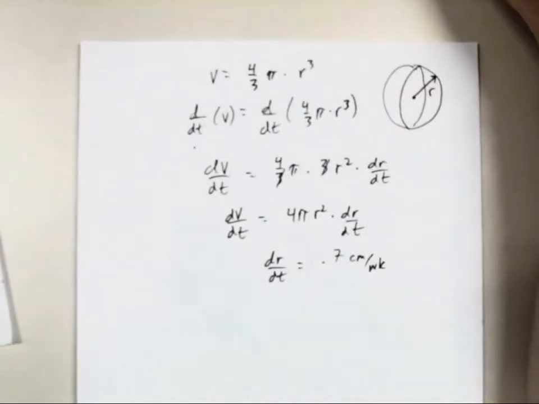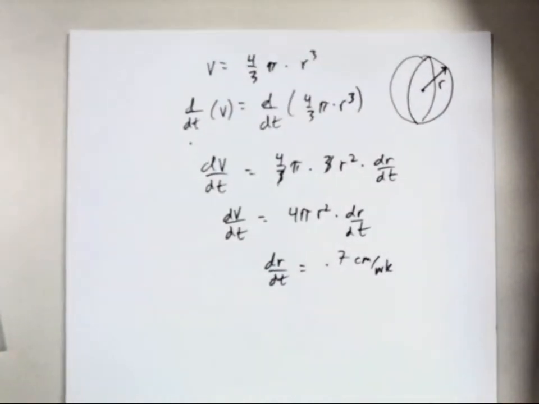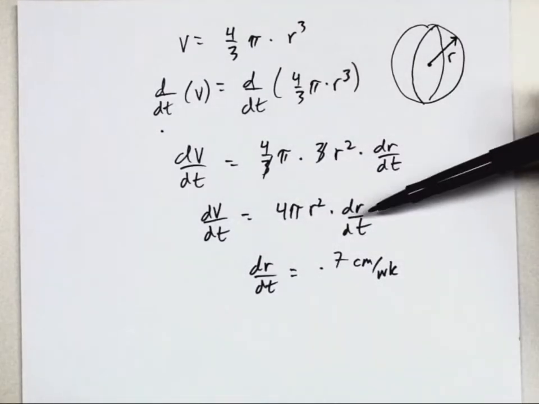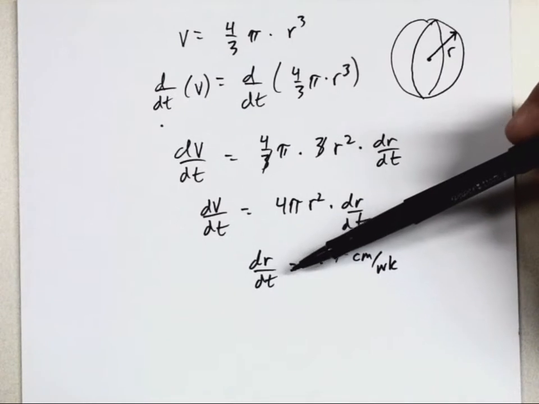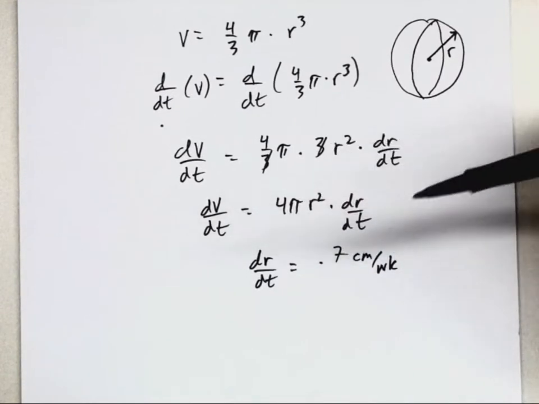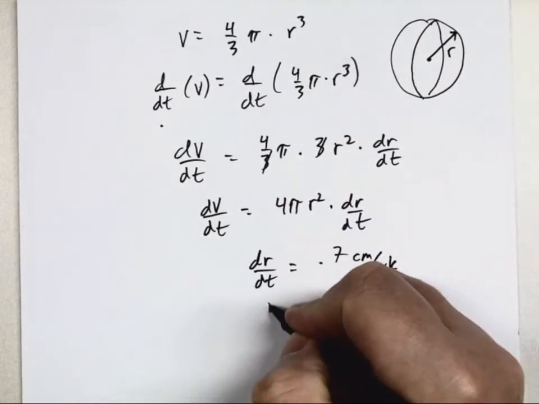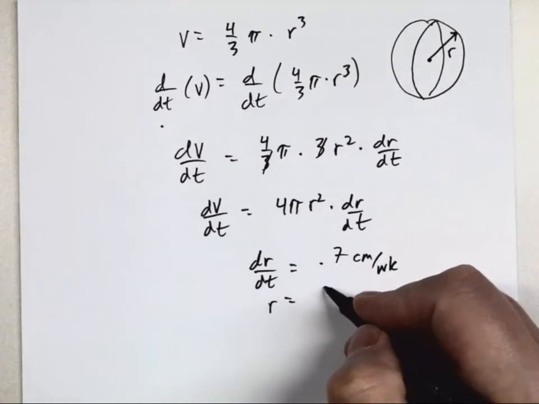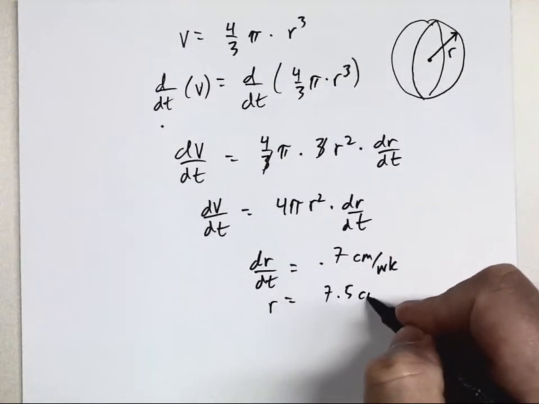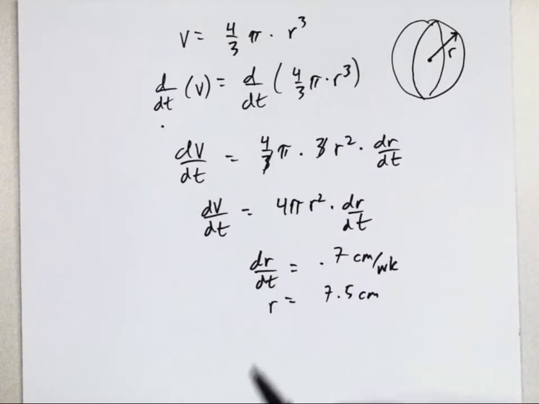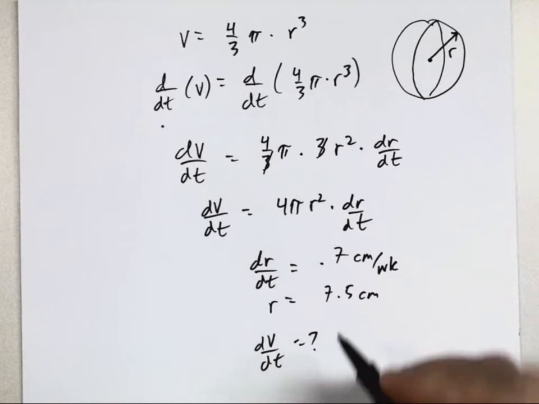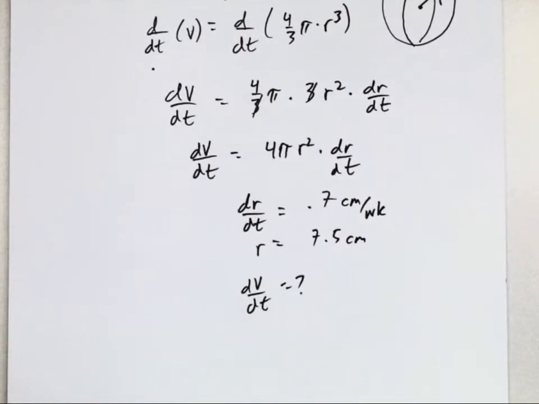That's the information I was trying to write down. We took the original equation, and we took the derivative. It's right here. They say the radius is changing at 0.7 centimeters per week. They say the radius at the time we're looking at is 7.5 centimeters. And they want to know how fast the volume is growing.